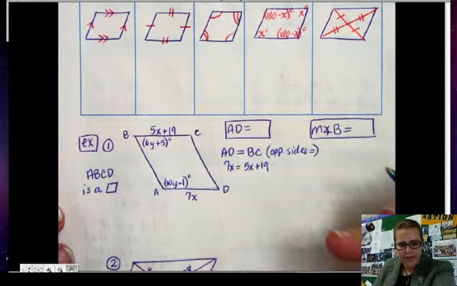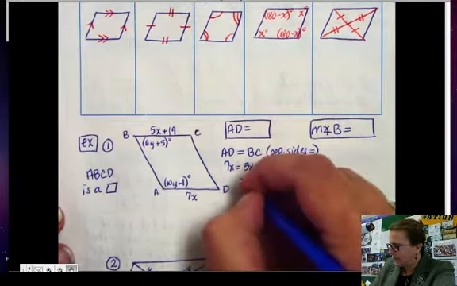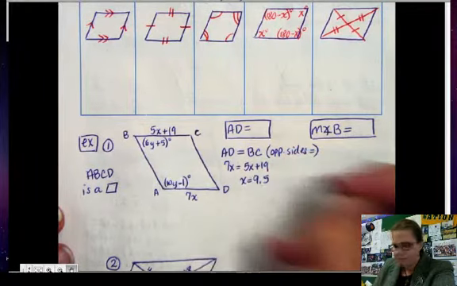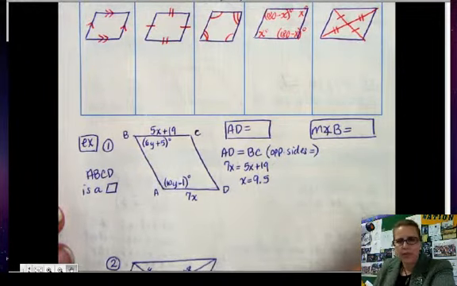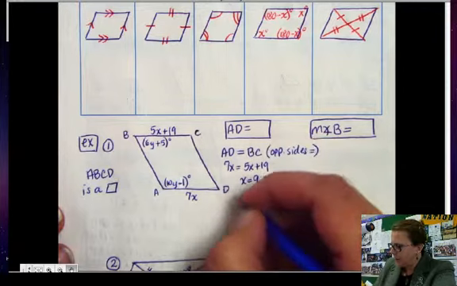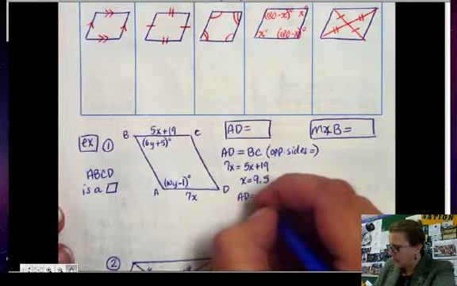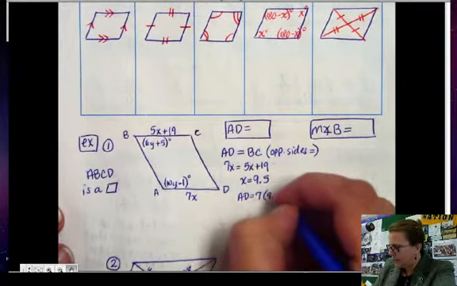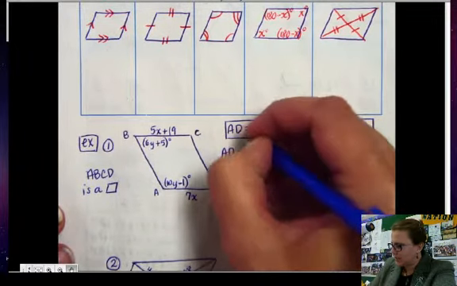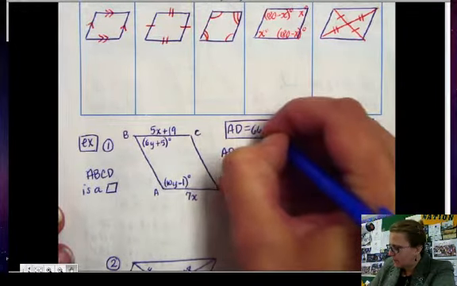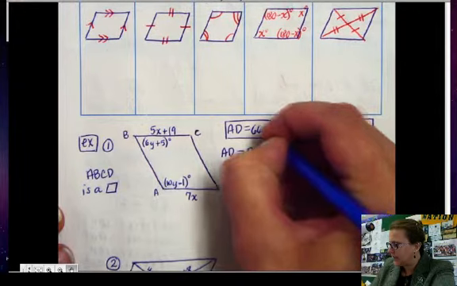Okay, and we find out that x is 9.5. Now we're going to plug it back in. So AD is 7 times 9.5, which gives us 66.5. So 66.5 is the length of AD.